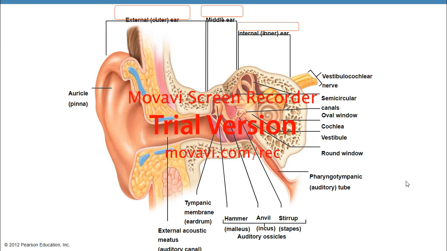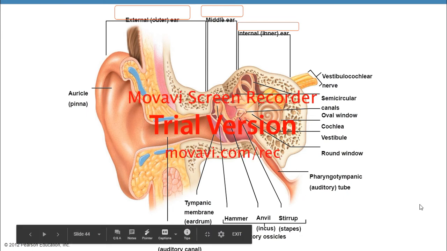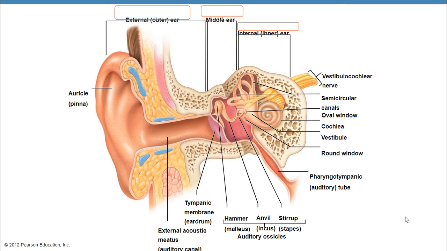In the cochlear duct, you have hair cells, which are going to bend in response to the vibrations, and that's going to transmit the sound signals to the cochlear nerve. And then from the cochlear nerve, it's going to go to the auditory centers in the brain, in the temporal lobe of the cortex.